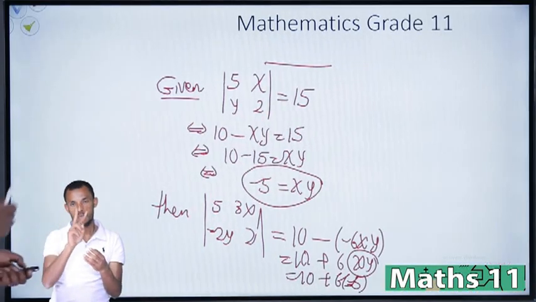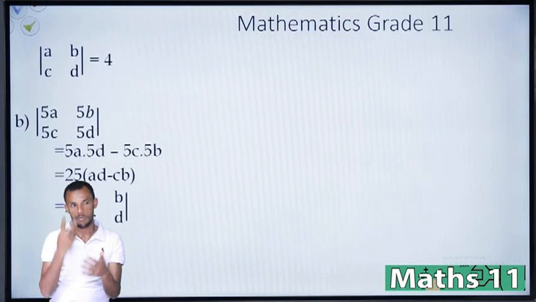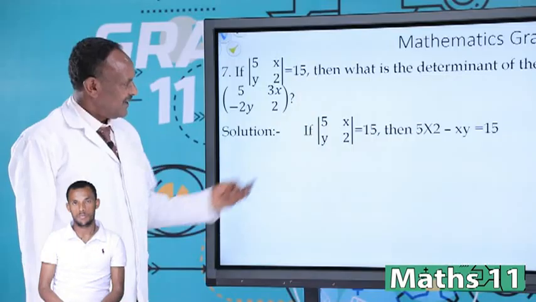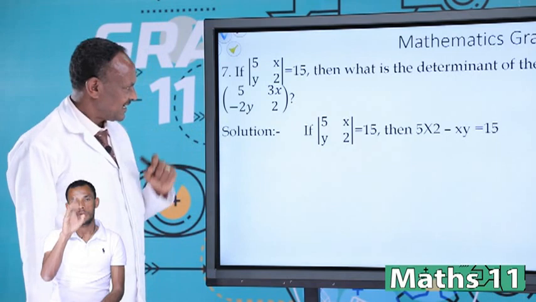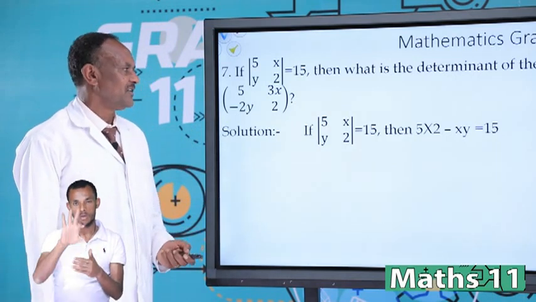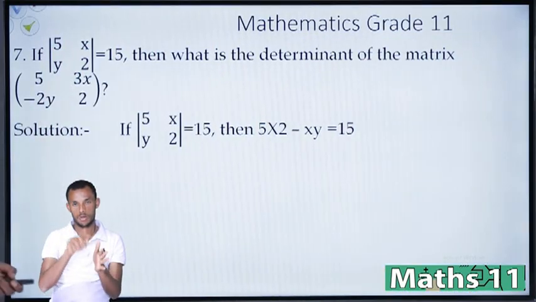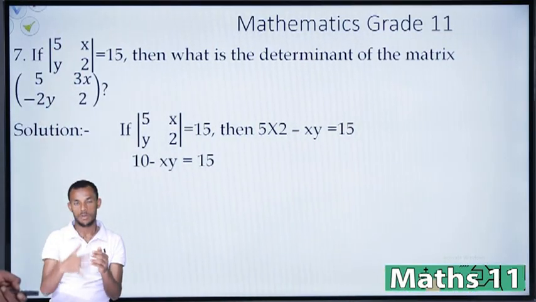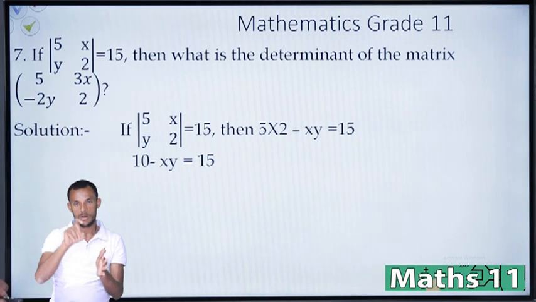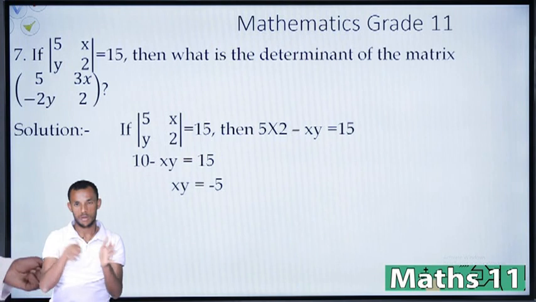This can be shown in the following form. If the determinant of this matrix was equal to 15, then you have 5 times 2 minus xy equal to 15. 10 minus xy was equal to 15. xy is equal to negative 5.